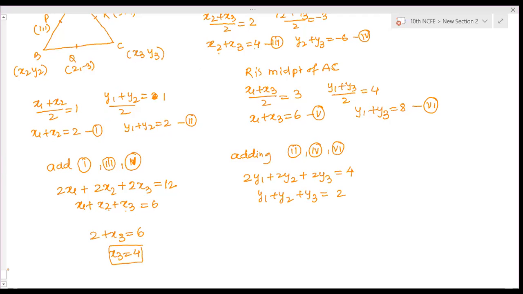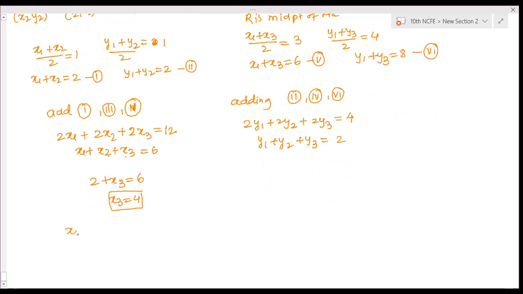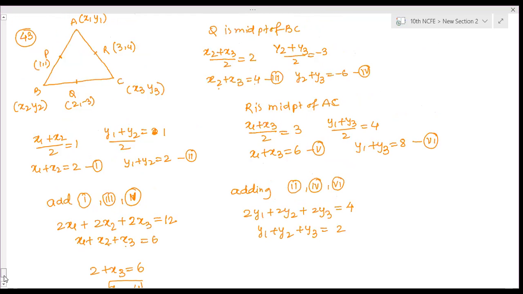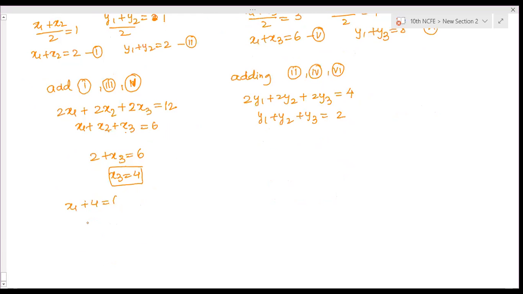So what is left out? x1. x2 plus x3 is 4, and the sum is 6. So x1 is 2. And again, x1 plus x3 is 6. So x2 plus 6 is equal to 6. So x2 is 0.